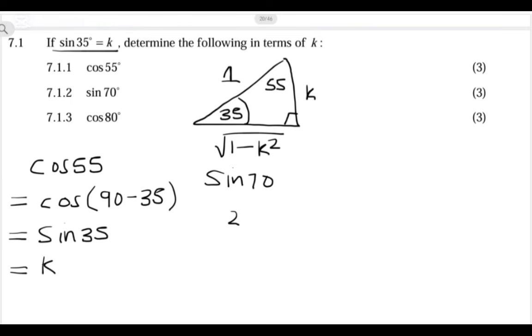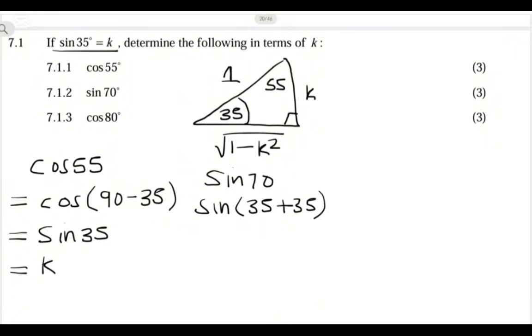Or 35 plus 35 is going to give you 70. We can do it in any way that we like, but I would like to do it using the compound angles, whereby I'm going to say sine of 35 plus 35. When we add these two, I'm going to get 70.